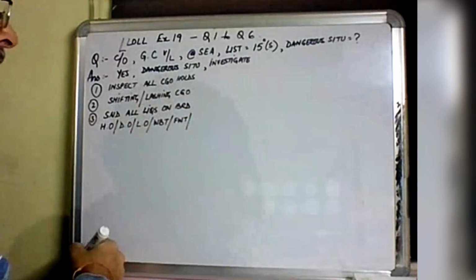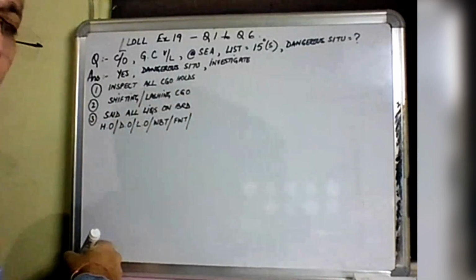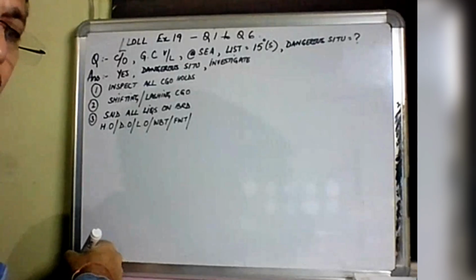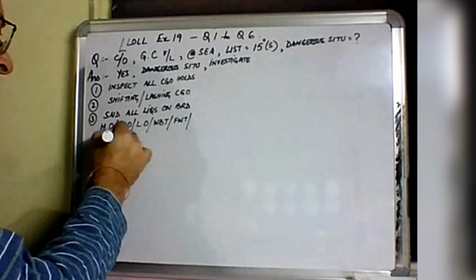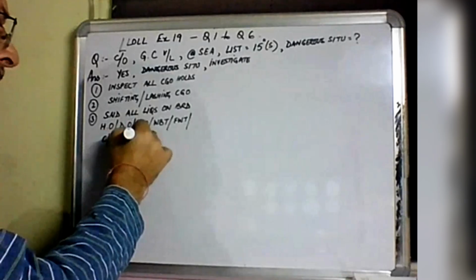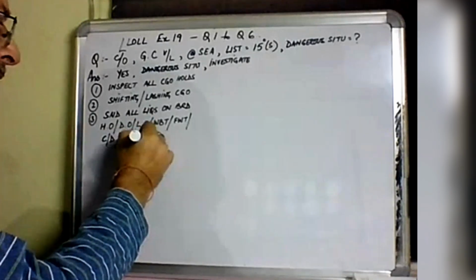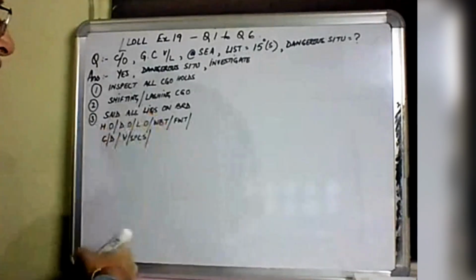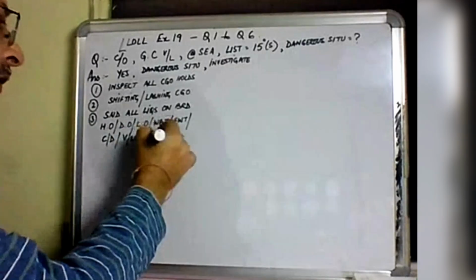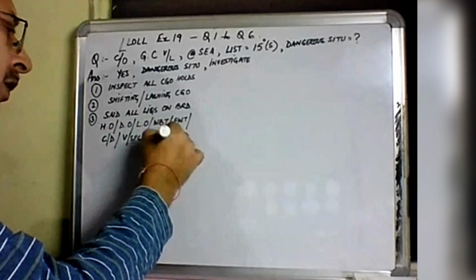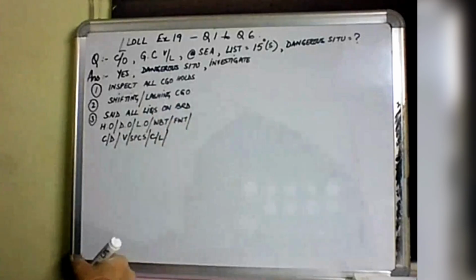और कुछ करोगे साउंड? सर coffer dams, void spaces. Coffer dams, void spaces जो भी है. और कुछ? चेन लॉकर सर. Chain locker. Very good. Chain locker. और कुछ?